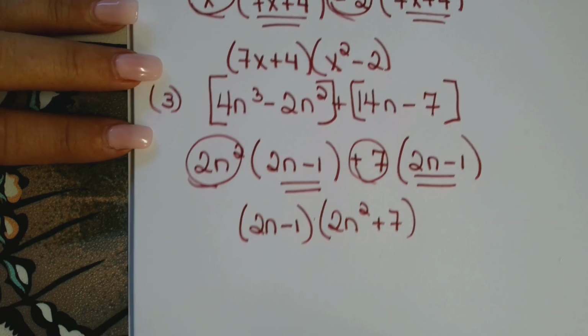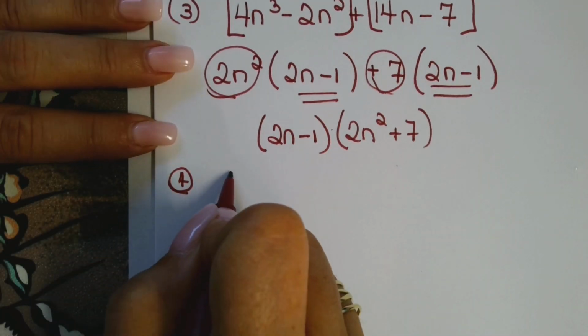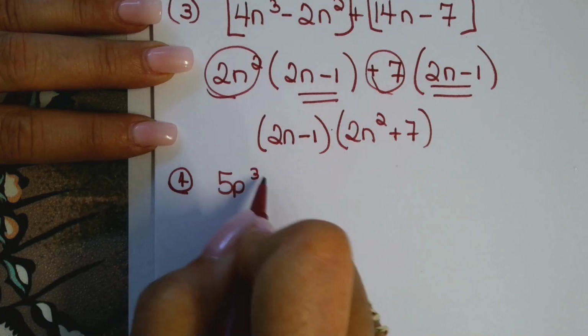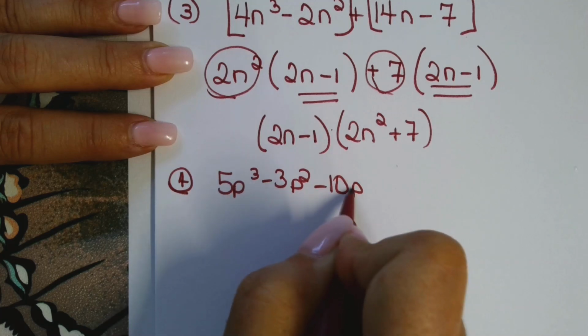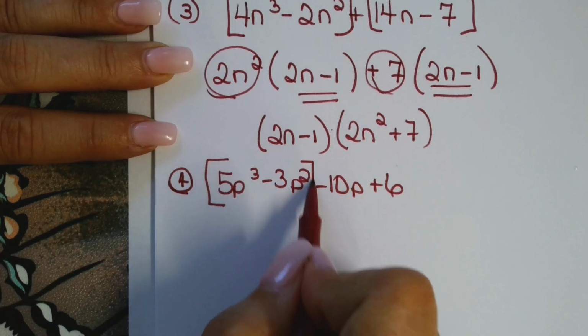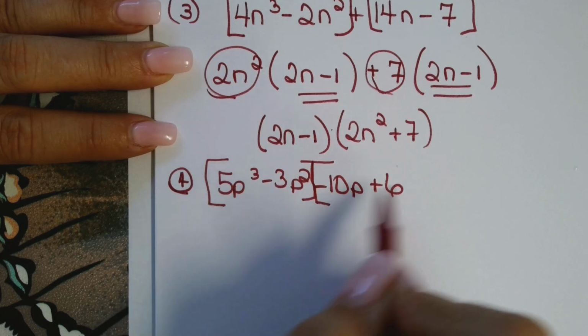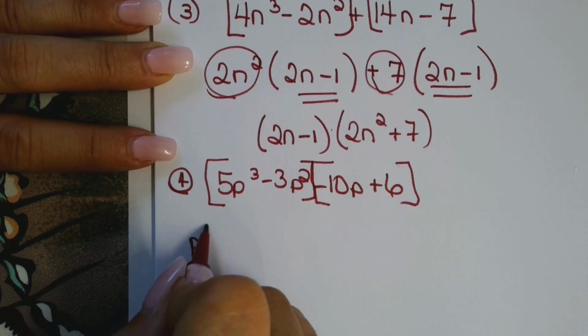Okay, number 4. We have 5p to the third minus 3p squared minus 10p plus 6. Again, group these two, group these two. Here we're going to pull out a p squared.